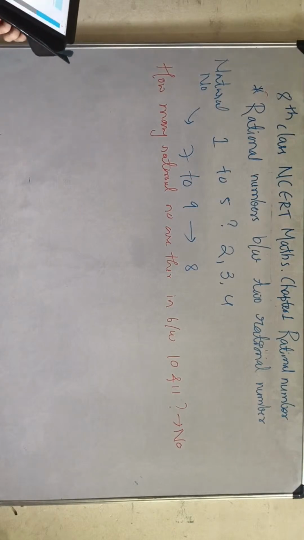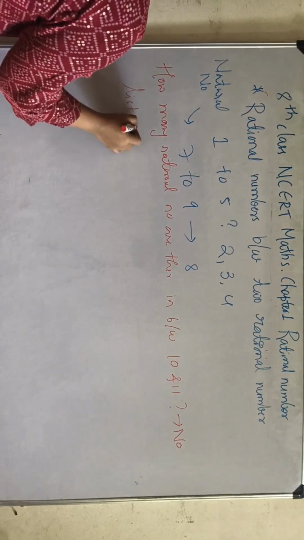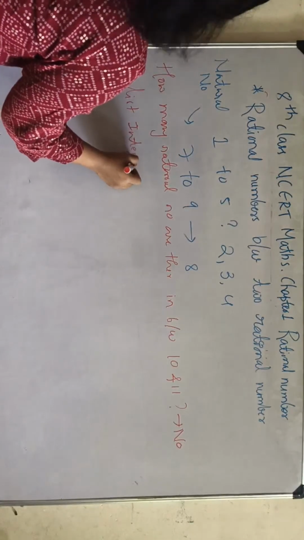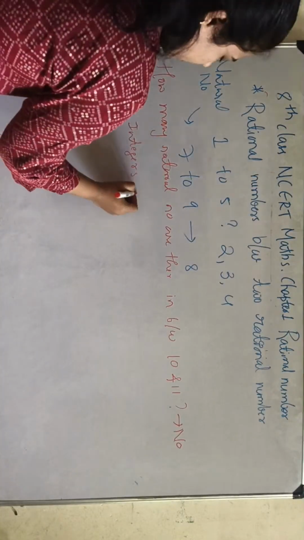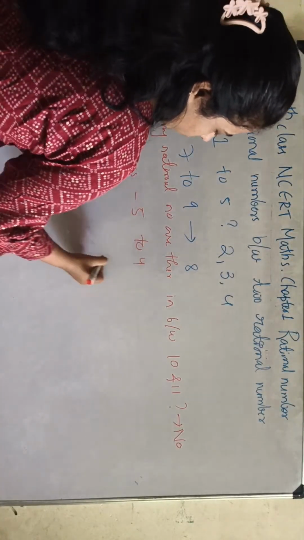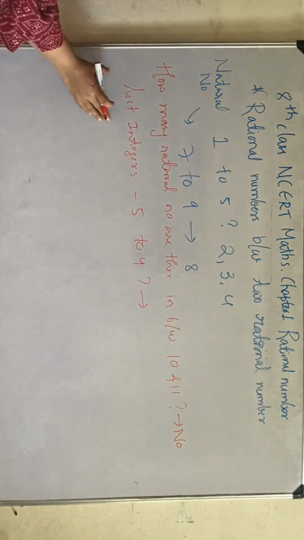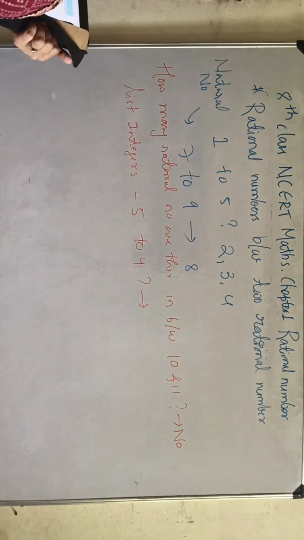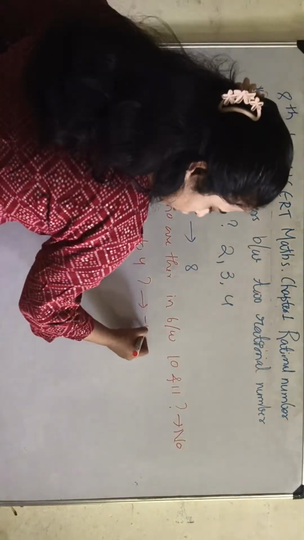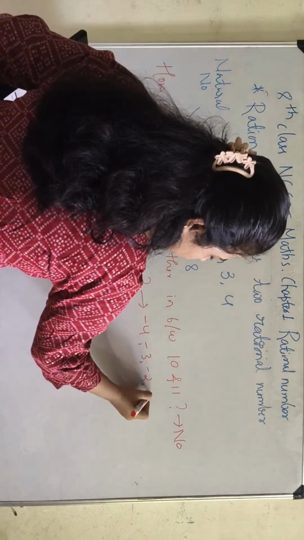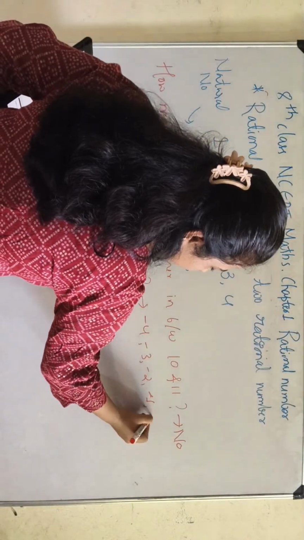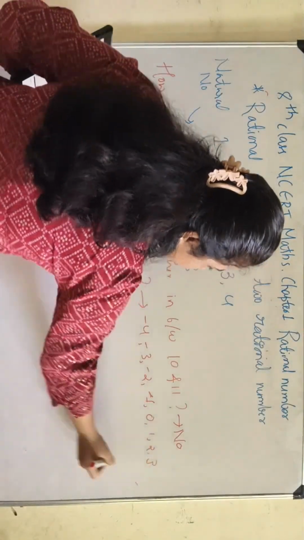So if I ask you to list the integers that lie between minus 5 and 4, then it is minus 4, minus 3, minus 2, minus 1 and 0, 1, 2, 3, right?